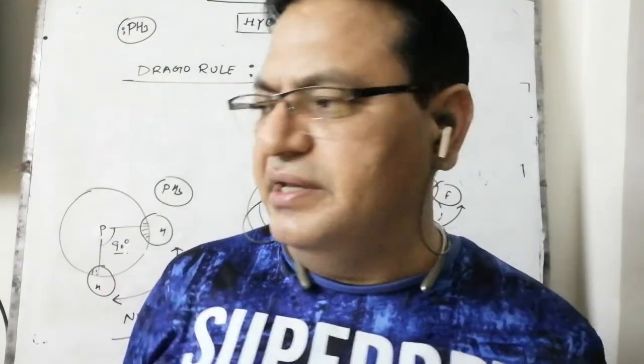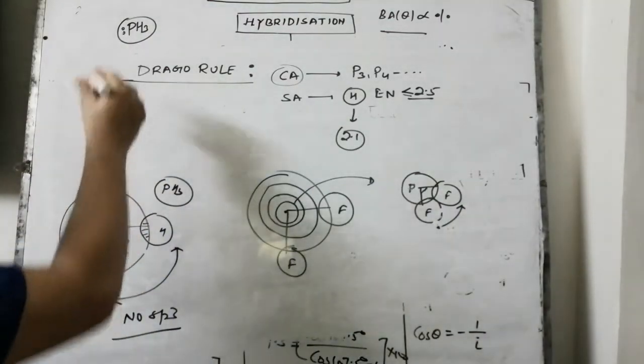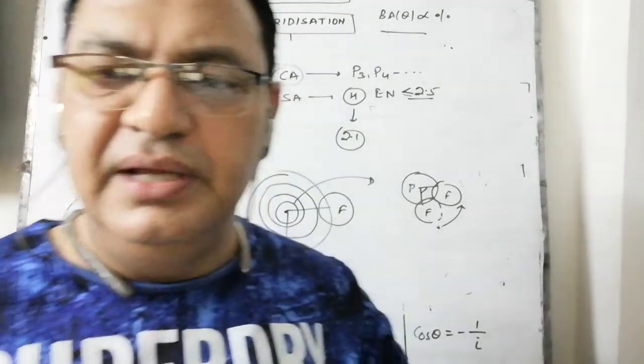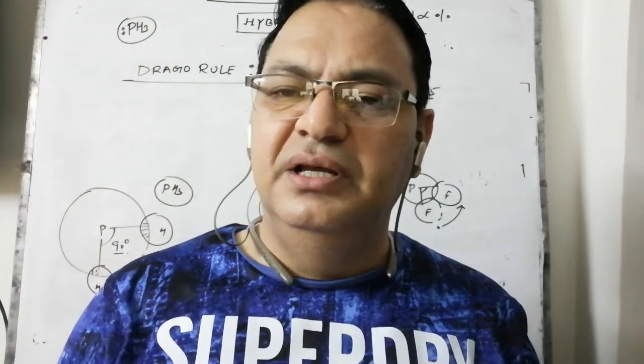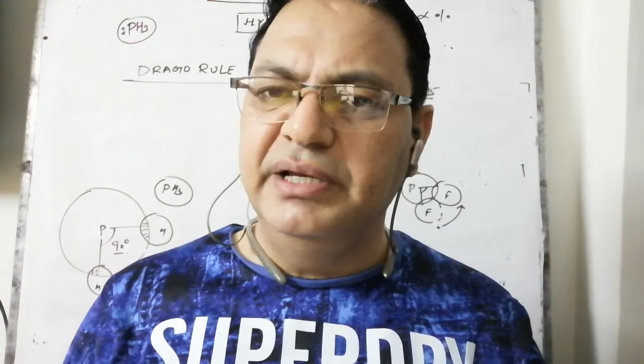And if no sp mixing is happening, then what will happen to this lone pair? This lone pair will still remain in the 3s orbital, and s orbitals are very close to the nucleus. There will be a very strong hold on the s electrons, and these s electrons will become stereochemically inactive.